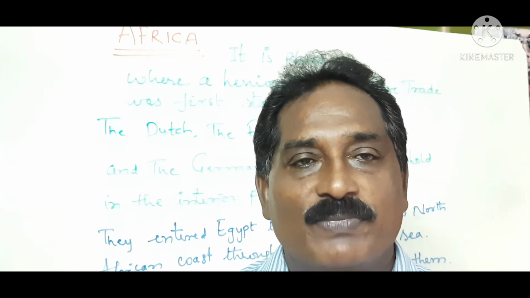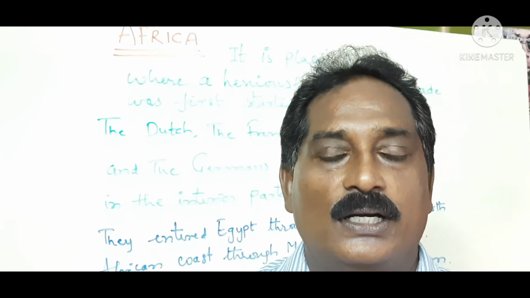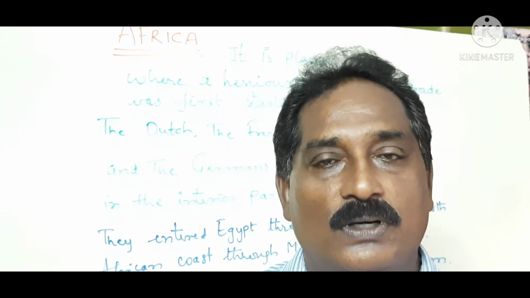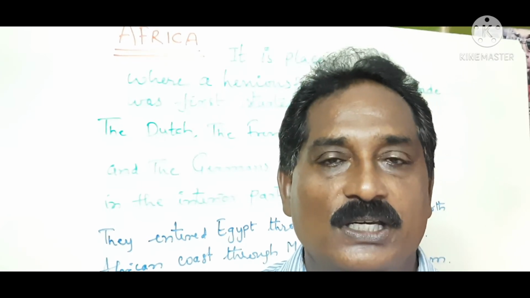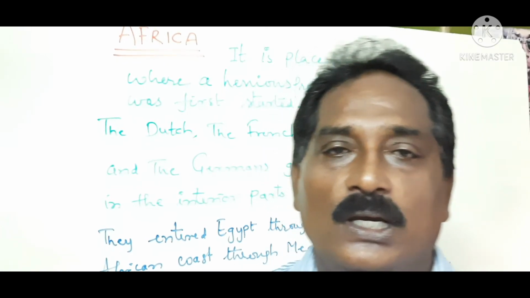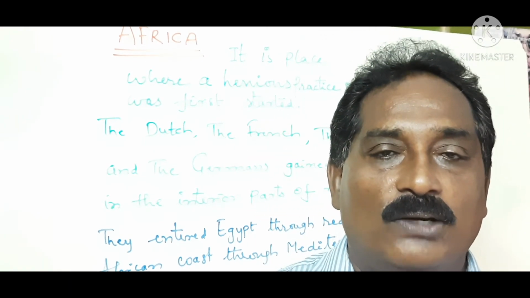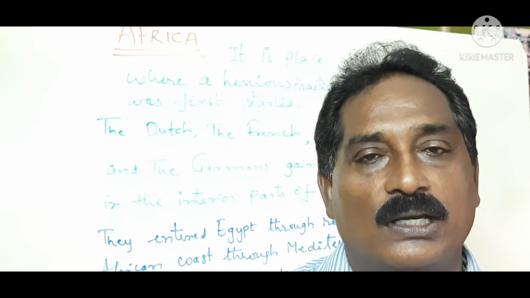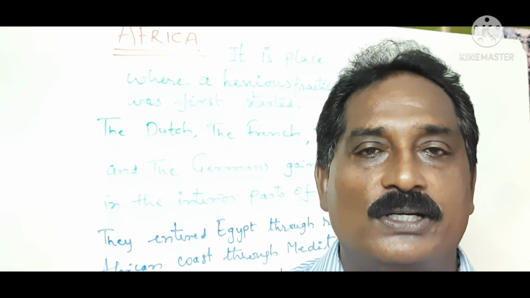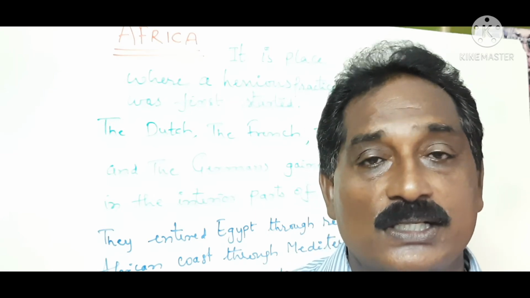Okay, they entered Egypt through the Red Sea and entered the north coast of Africa through the Mediterranean Sea. They had a lot of conflict with African tribal leaders. They fought with them, and at last they succeeded in controlling them, and they encouraged them to take part in the slave trade.